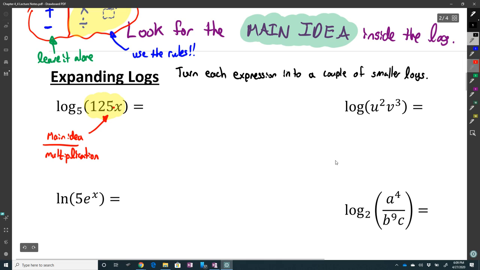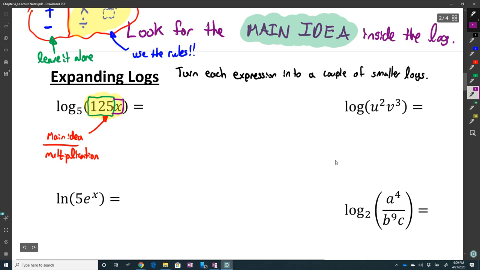So that means that we're going to use the product rule. This is log base 5 of 125 times x. So as far as my terms go, here's my first term, and here's the other term. Now I just split it up.